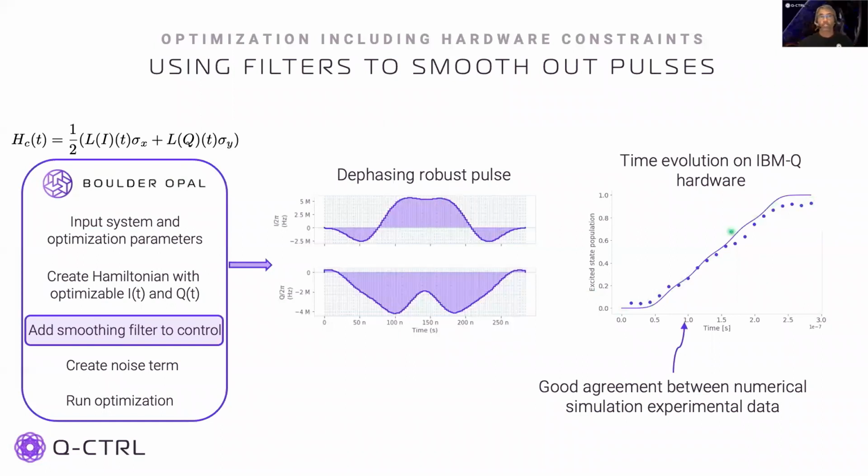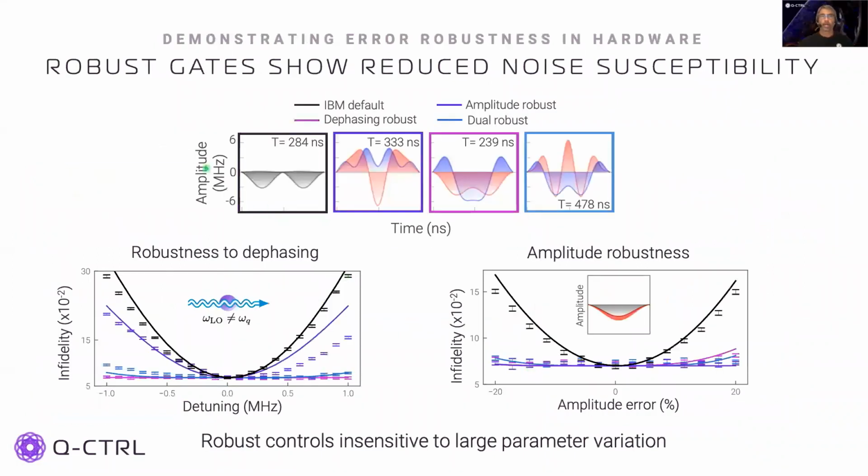Now that we have pulses that are behaving as expected in the hardware, it's time to experimentally demonstrate their robustness. In this slide, we have the default IBM Pi pulse and 3 robust pulses designed to be robust to amplitude noise, dephasing, and to amplitude and dephasing simultaneously. To show robustness, we run the experiment as before and measure the excited state population at the end of the gate.